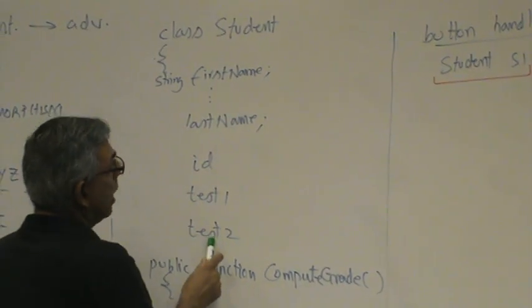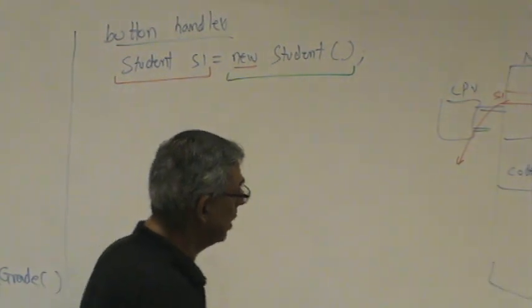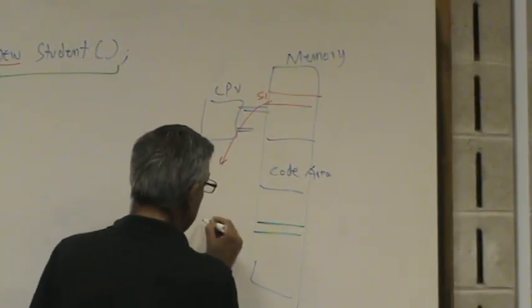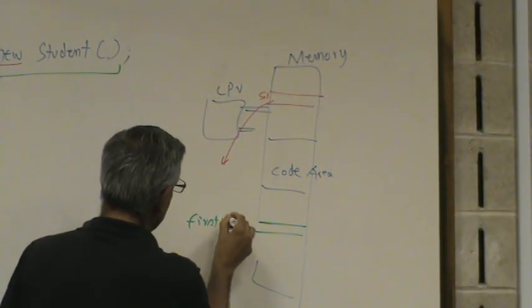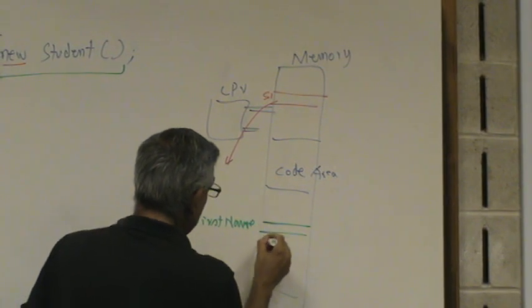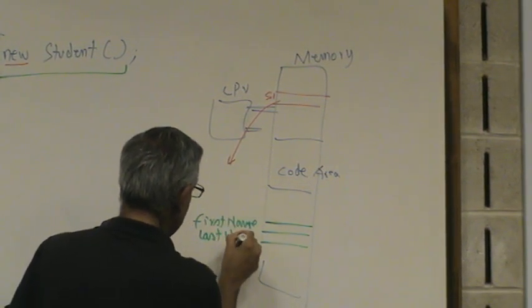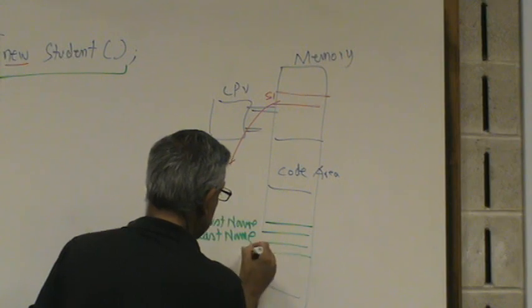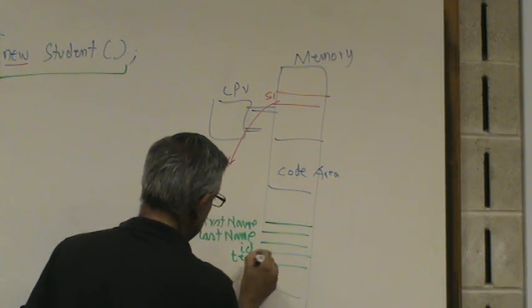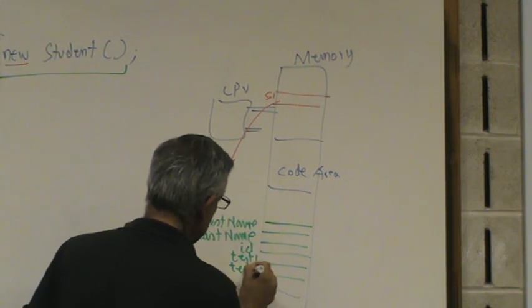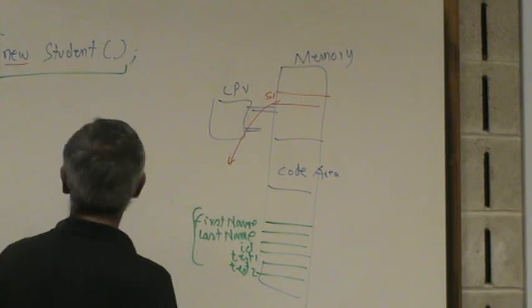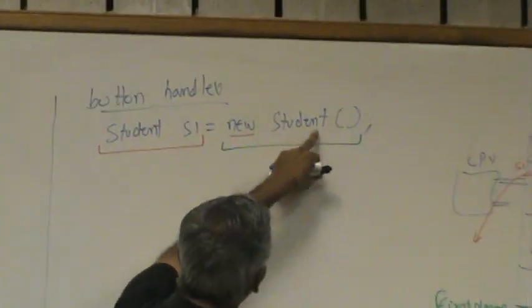Only the memory for the private fields will be allocated, and because we said new student, it will allocate memory for first name, last name, ID, test1, and test2, right? Collectively, this is the data for a student.